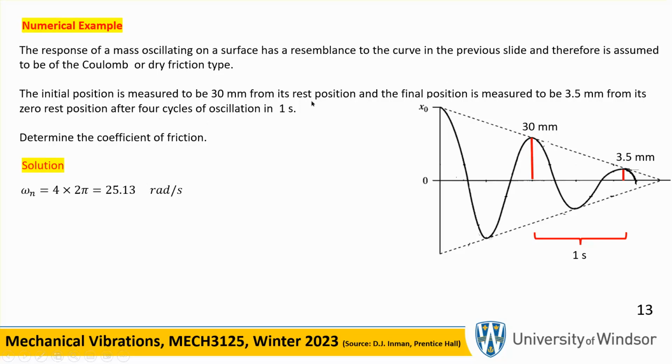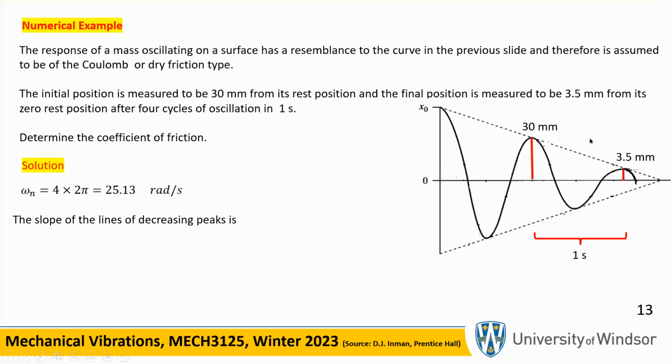Oh no, that's okay. 4 hertz times 2 pi is going to be 25.13 radians per second. There's nothing to swallow here. It says 4 cycles in 1 second, so that's 4 hertz, and in radians per second it's multiplied by 2 pi, which is 25.13.